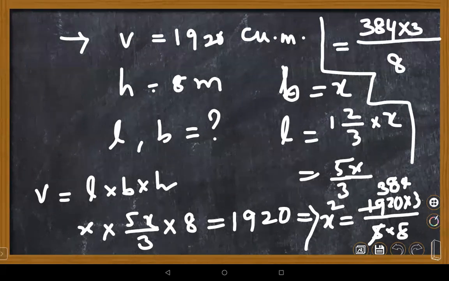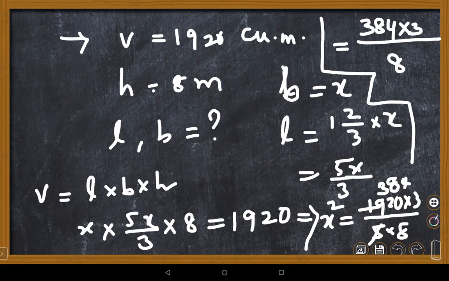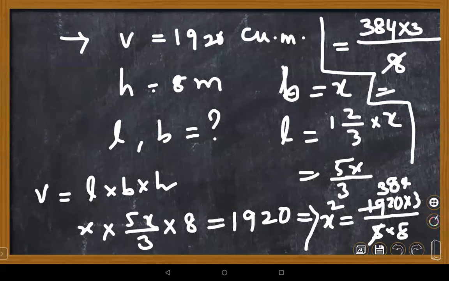Simplify and give the answer, children. Does it go directly in the 8 table? 8 4s are 32, 8 6s are 48. 8 times 48 is 384, right?